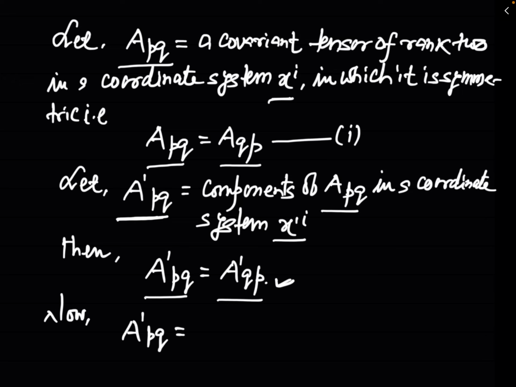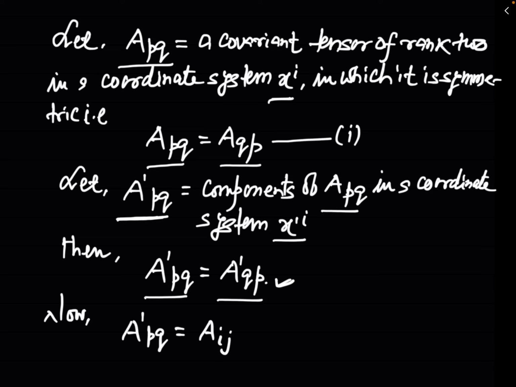Let us consider that the components A prime PQ, which are actually components of a tensor in the prime coordinate system, and corresponding to these components, the component of that tensor in the unprimed coordinate system, let us say that is A sub ij. Let us consider.